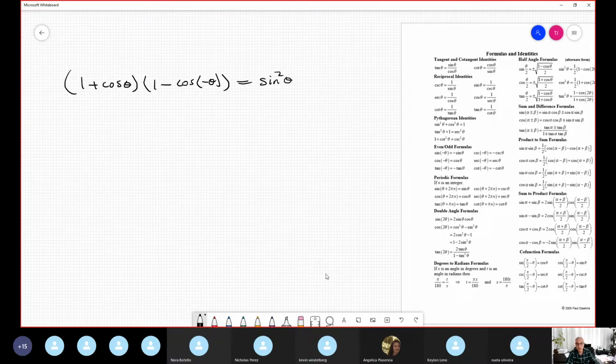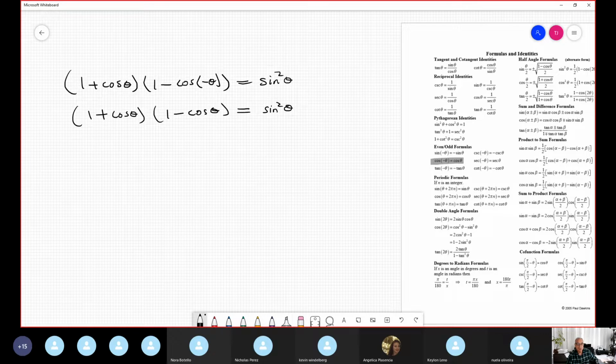No, because immediately I saw negative theta, I apply the even-odd formulas. You replace it with 1 plus cosine theta and 1 minus cosine theta, because I know cosine is an even function. It doesn't change whether inside the argument you have positive or negative.